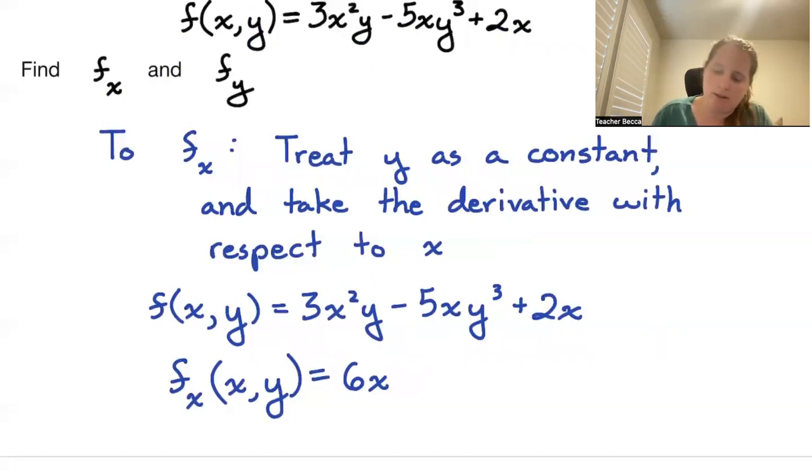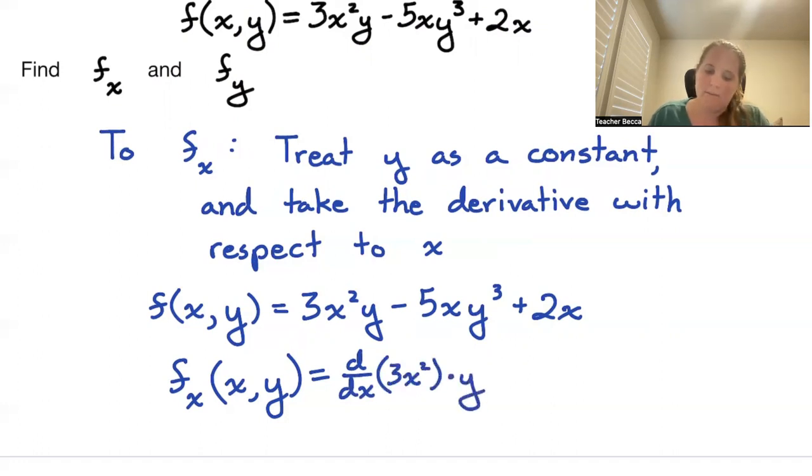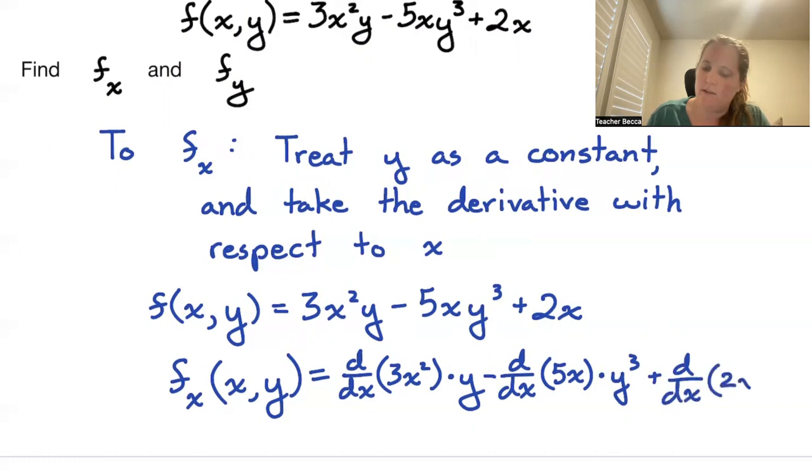I'm actually going to write this as the derivative with respect to x of 3x squared, and then times y. Then we have minus the derivative with respect to x of 5x times y cubed, then plus the derivative with respect to x of 2x.